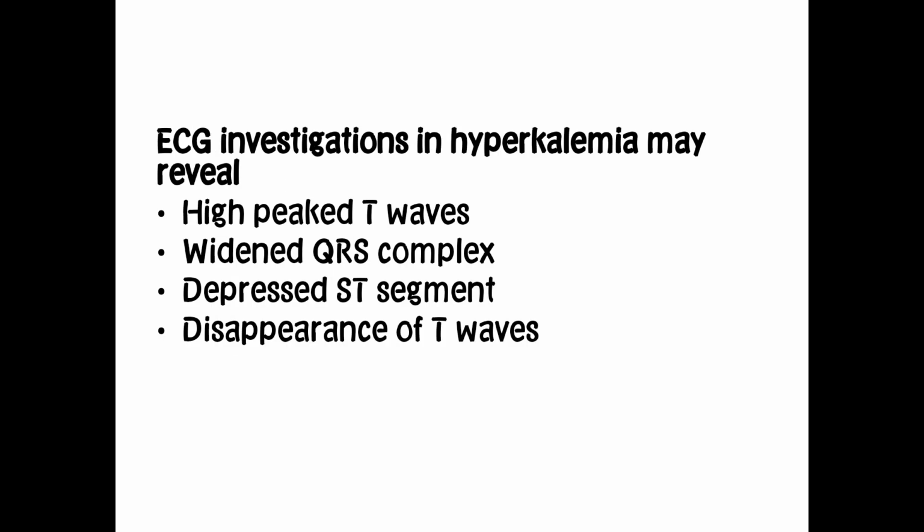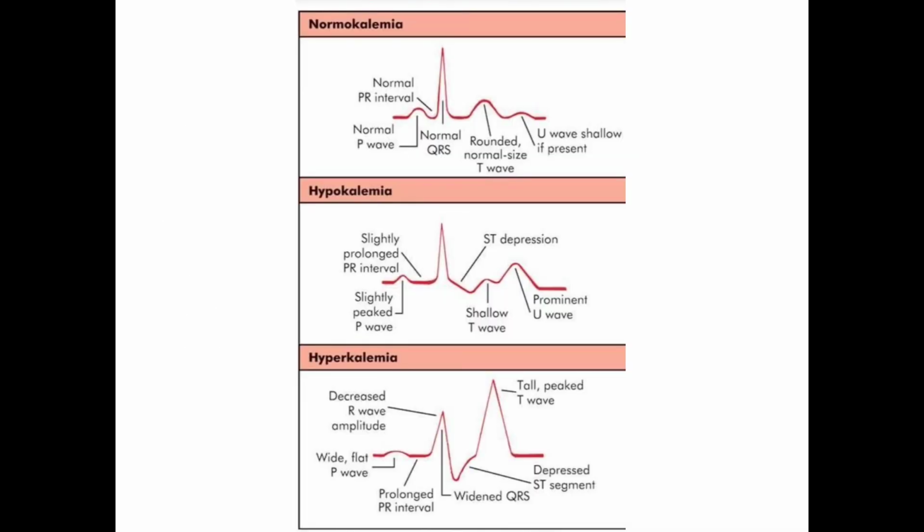Electrocardiography in patients with hyperkalemia may also reveal high-peaked T waves, widened QRS complex, depressed ST segment, and disappearance of T waves. As we are going to see, you can observe that in hyperkalemia we are having a depressed ST segment. As you can observe, there is a high-peaked T wave.